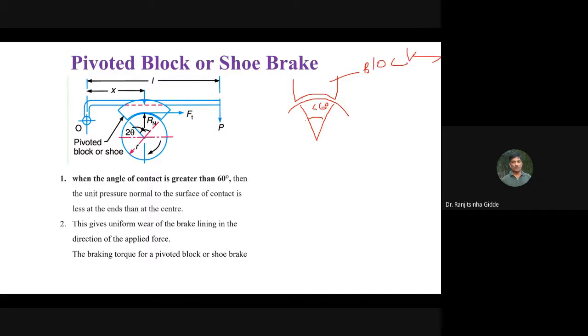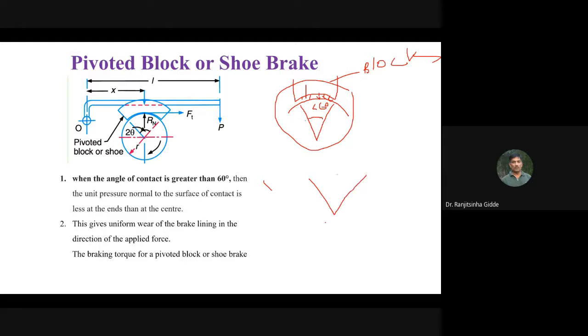So this block applies the uniform pressure that we have achieved.